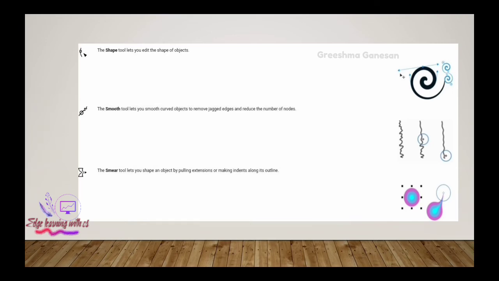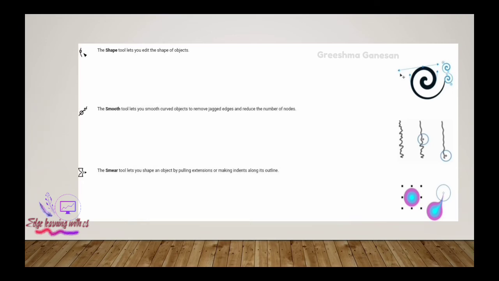The smooth tool lets you smooth curved objects to remove jagged edges, so you can reduce the number of nodes or curls. You can see the first thing is drawn by the user. After that, if you use the smooth tool at a particular location, the curves are smoothed from there.